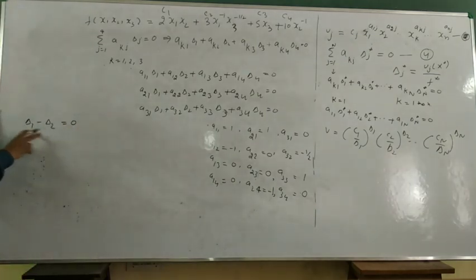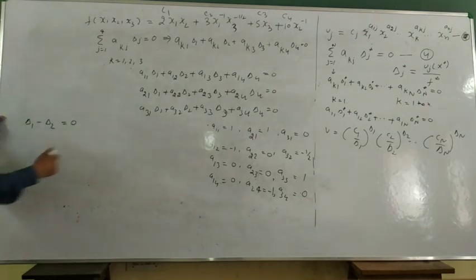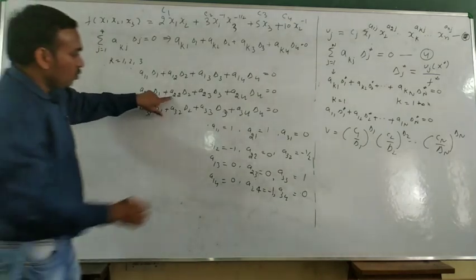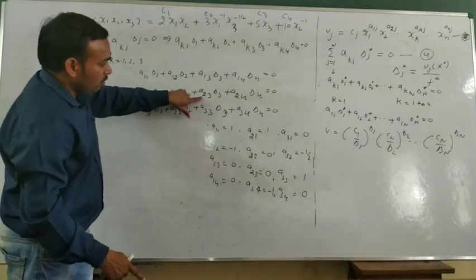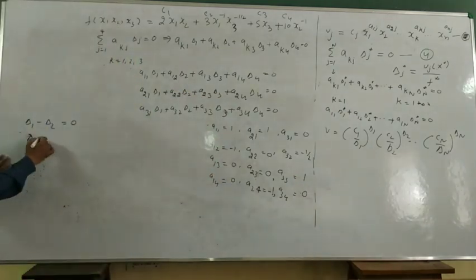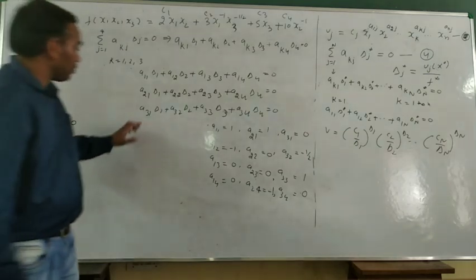So we get del 1 minus del 2 equals 0. Similarly, a21 equals 1 means del 1, a22 is 0, a23 is 0 and a24 is minus 1 means del 1 minus del 4 equals 0.